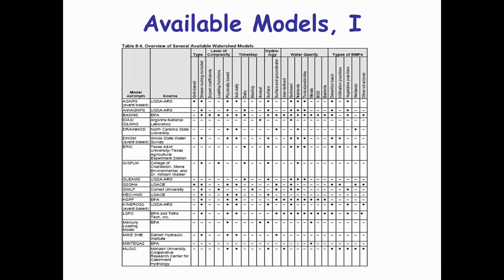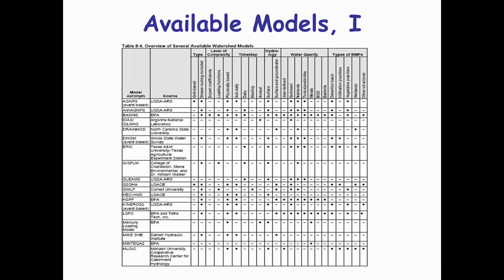The time step in the model, whether it's daily, monthly, or annual, the kind of hydrology, surface water or surface water and groundwater, what kind of water quality characteristics can be analyzed with the model, and the types of BMPs that were implemented in the models at the time when this table was put together.